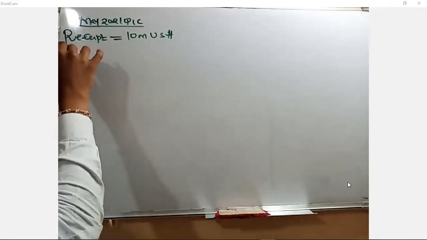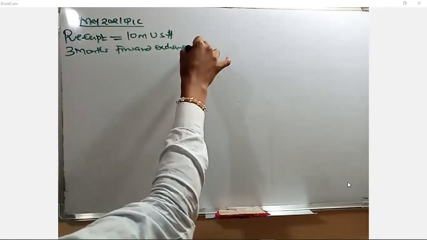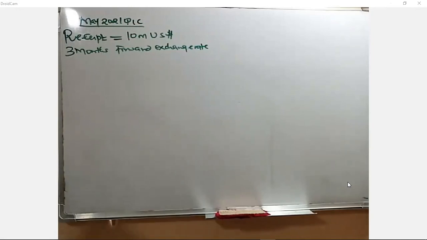Those are the amounts that you're going to be receiving. So how long am I going to be entering into the contract? We have discussed the 3-month forward exchange rates.